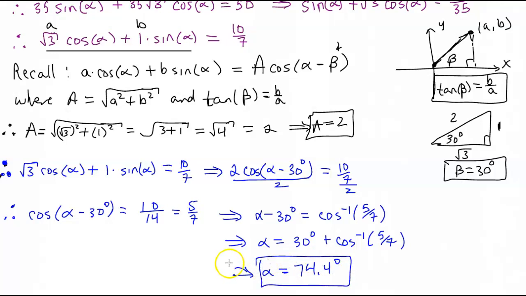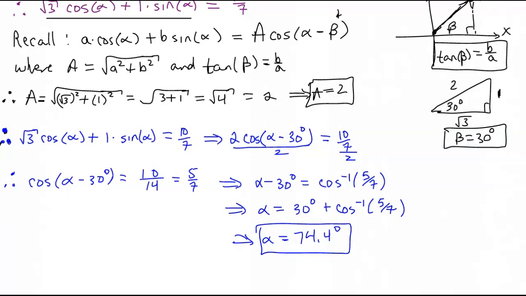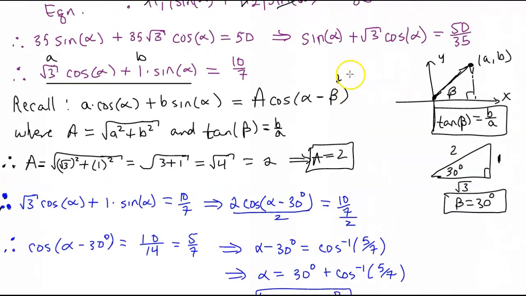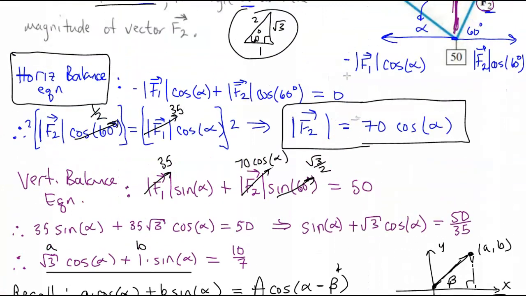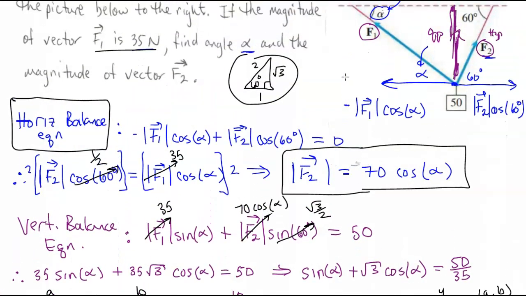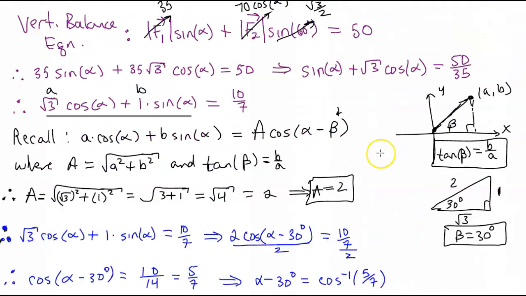Okay. So now that we know what our alpha is, we can now also calculate the force that was missing here. And the force that was missing here, if we go back, I believe was the force of F2. So now we can calculate this.